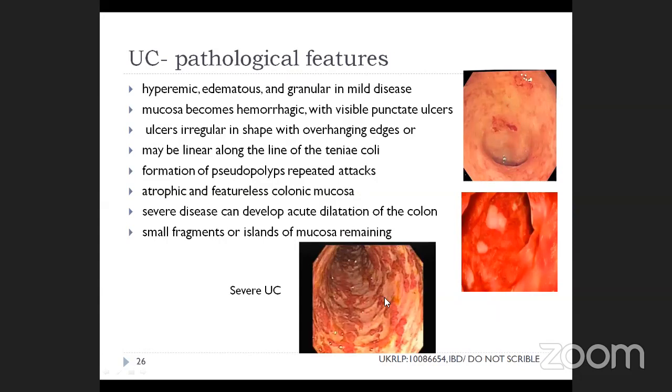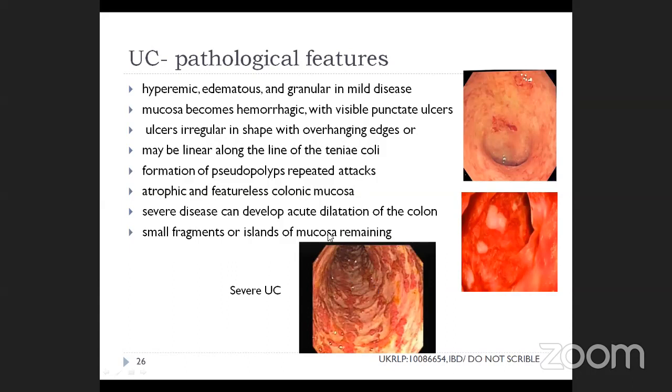In the severe form of disease, the whole of the mucosa is involved, with here and there isolated islands of mucosa which are normal. However, the whole length of the colonic wall will be involved. When there is chronic disease, there's a chance of pseudopolyps, which can become low grade dysplasia, high grade dysplasia, which leads on to the chances of malignancy.